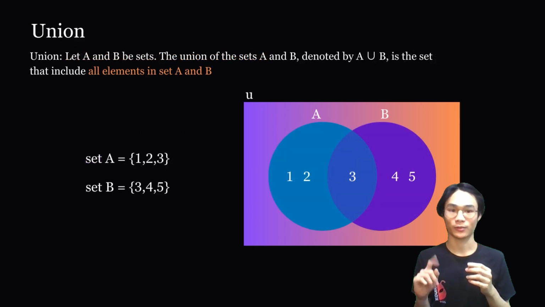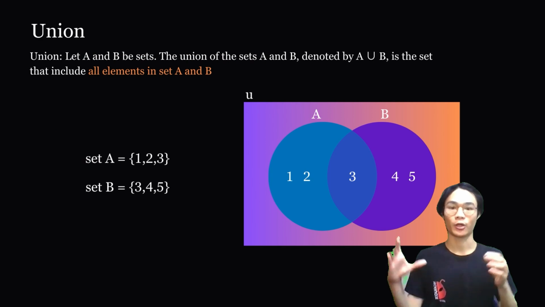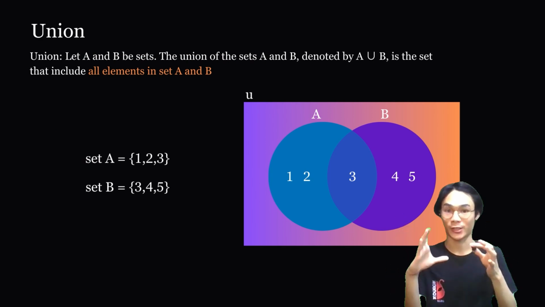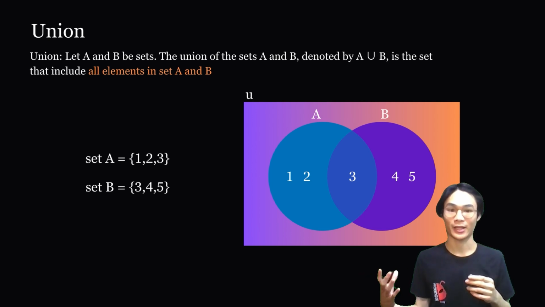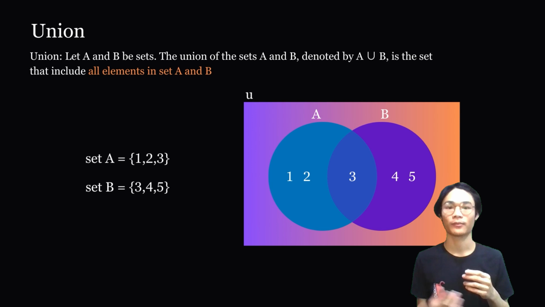Let's look at the first one. The first operation is union. Union is basically the way that we combine two sets together. Let's look at the example. We have set A that includes 1, 2, and 3, and set B that includes 3, 4, and 5.